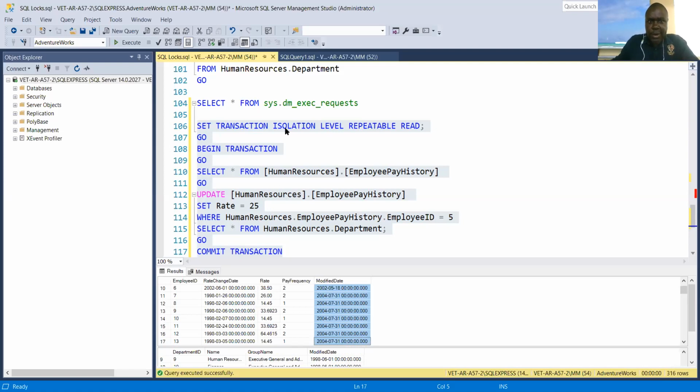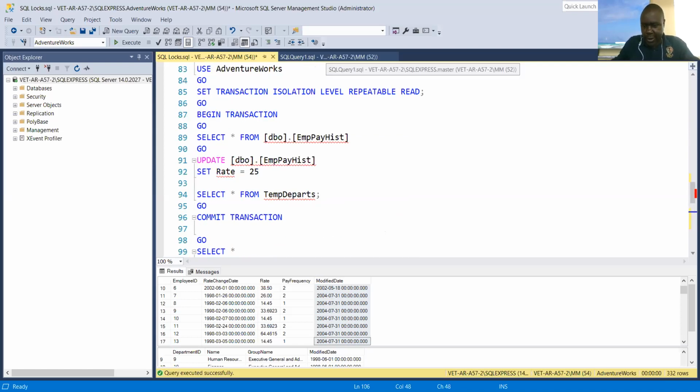Okay, so this transaction has been executed, and in the process, we have set this isolation mode to that. I hope my future examples will not be affected by the difference in that. So that's how you set the transaction isolation mode.